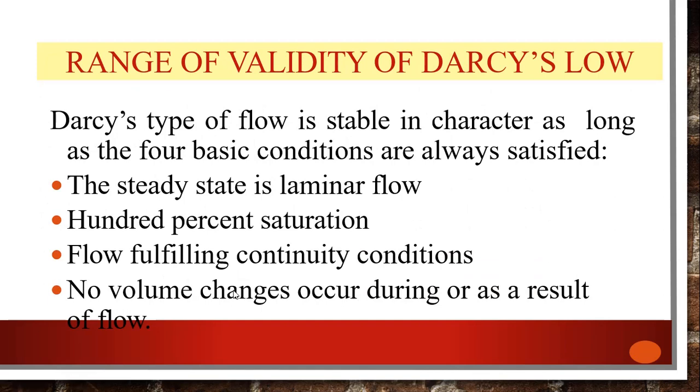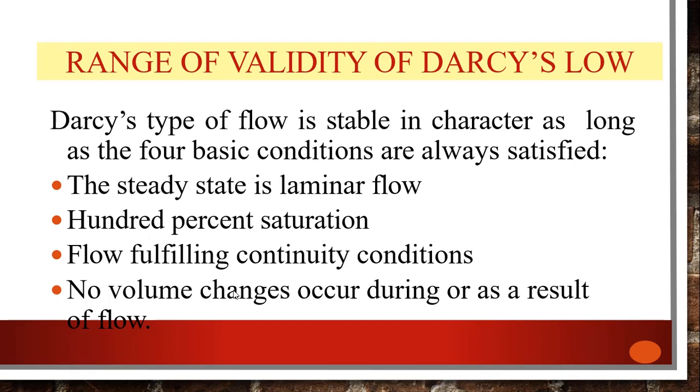So the range of validity of Darcy's law. Darcy's type of flow is stable in character as long as four basic conditions are always satisfied. So we can say that these are the assumptions of Darcy's law. First assumption is steady state laminar flow. It means the flow should be laminar. 100% saturation should be there.